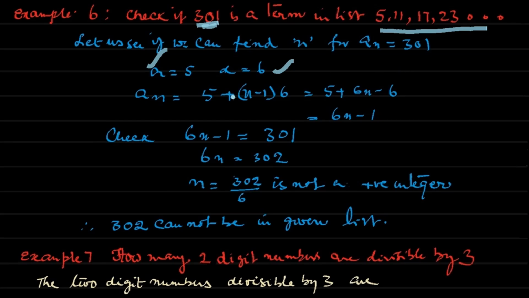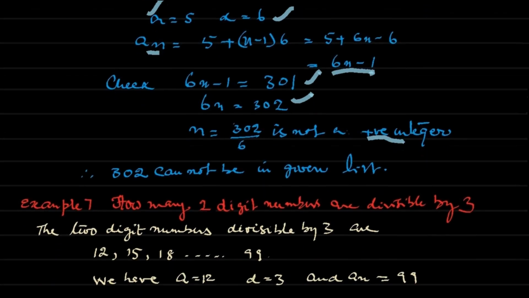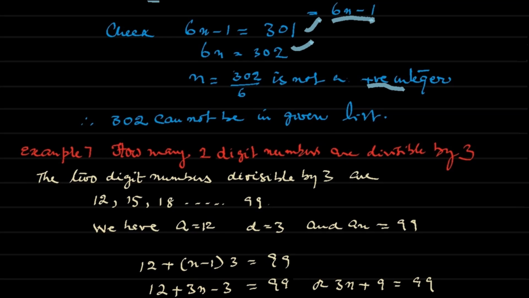Let us see if it is there or not. a_n, that is 301, is 5 plus (n minus 1) times 6. It comes to 6n minus 1. If 6n minus 1 is 301, 6n is 302, n is 302 by 6, not divisible. It is not an integer. So 301 cannot be in the given list just because n turns out to be not an integer.